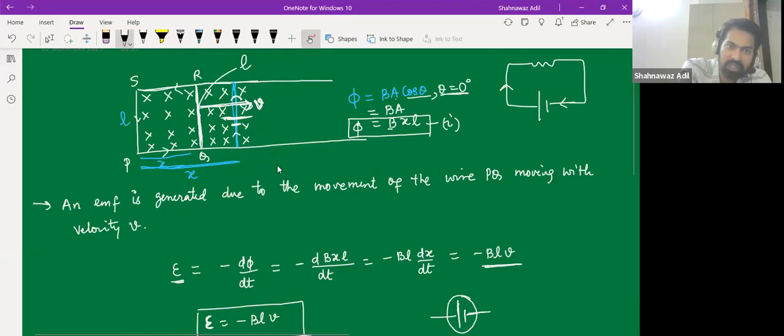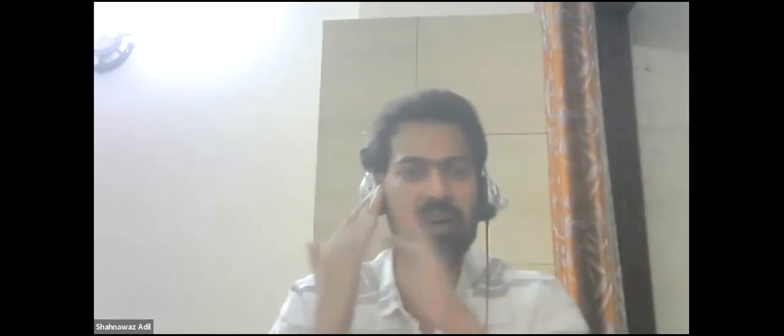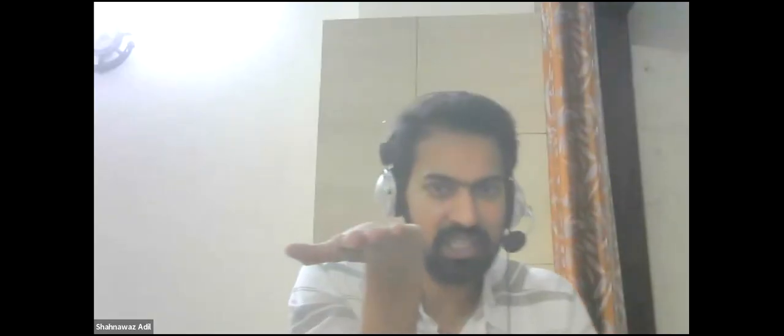So what do we do in the right hand palm rule? You see that velocity is to the right and the magnetic field is inside. We place our fingertips in the inside direction and thumb in the direction of velocity. So you are getting the direction of the palm in the upward direction.